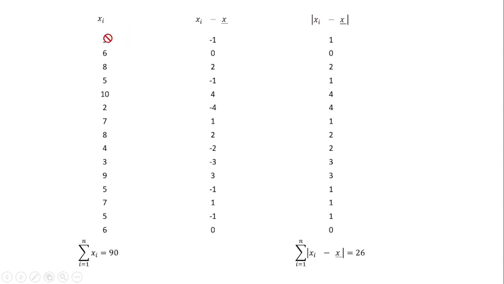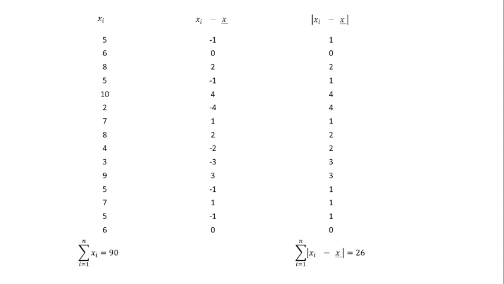When x is 5, we calculated the mean to be 6. So you do 5 minus 6, it will give us minus 1. When you take the absolute value of minus 1, you have 1. The same thing when x is 6, you do 6 minus 6, which is 0, and 0 remains 0. And so on.